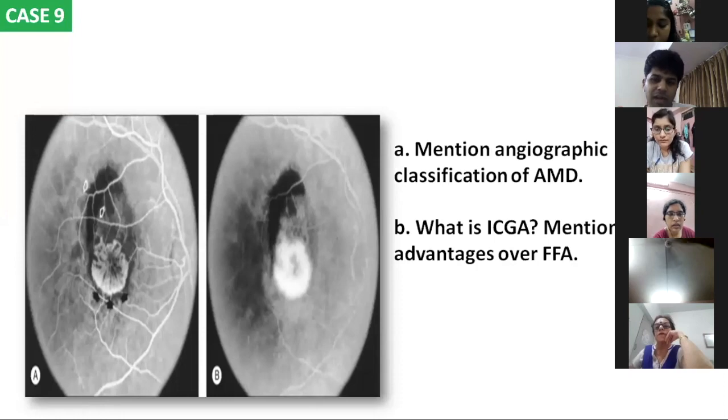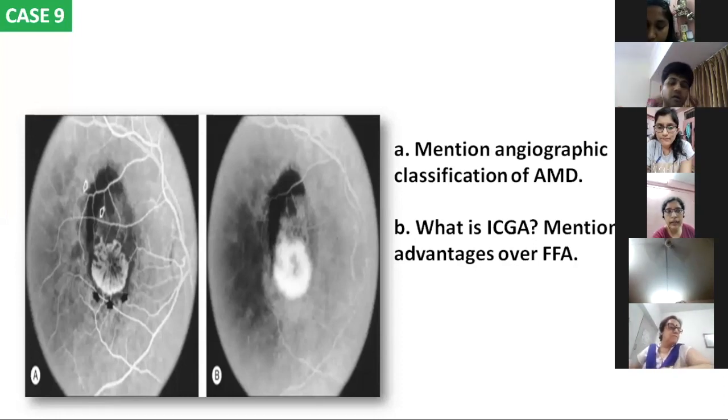Yeah, we all know that, but in which 2 conditions does it have a distinct advantage over FFA? Sir, CNVM and IPCV. And CNVM and PED.